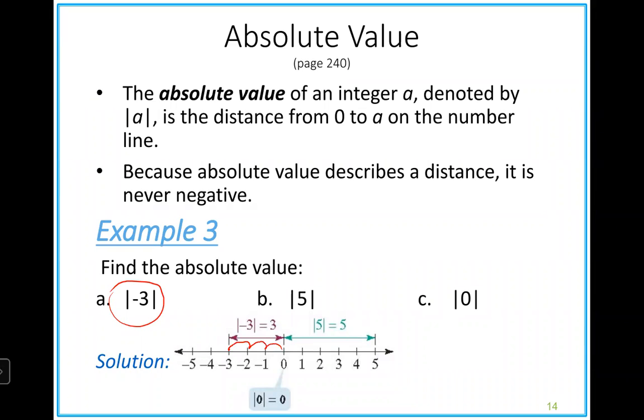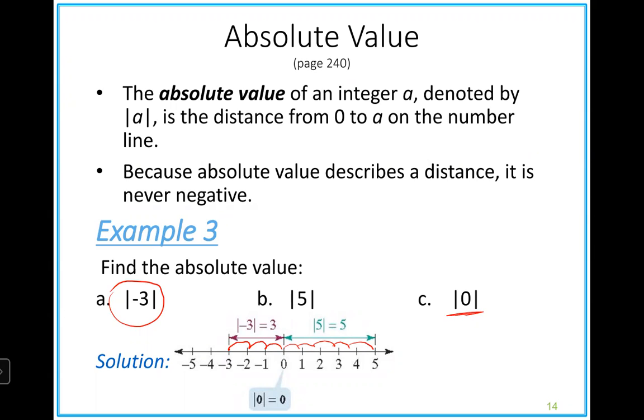The next one is asking for the absolute value of 5. How far is 5 from 0? You count 1, 2, 3, 4, 5. The absolute value is 5. And of course, the absolute value of 0 is 0 because you wouldn't move from 0.